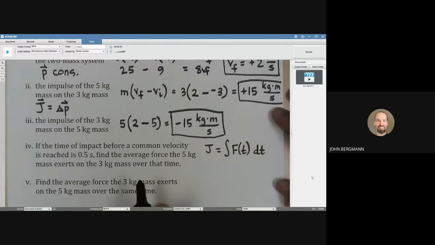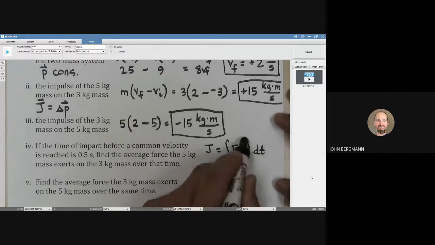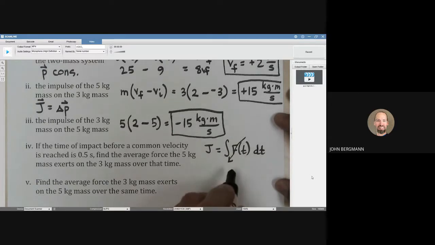Now, if the force is constant, or if we want to find the average force, in which case we're assuming it's constant, then this right side just turns into F times time, which means the F is what we're looking for multiplied by time, and that's the impulse.